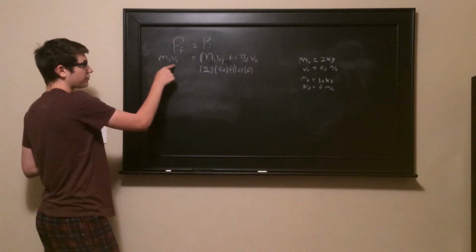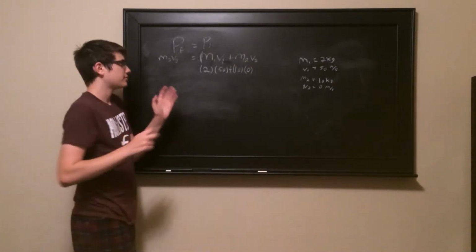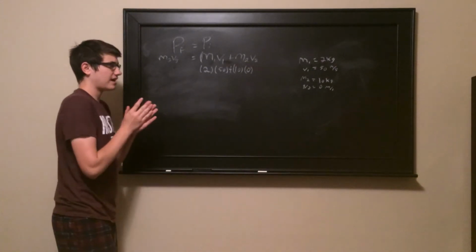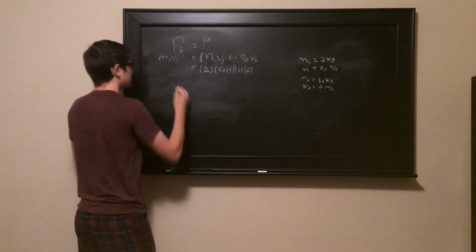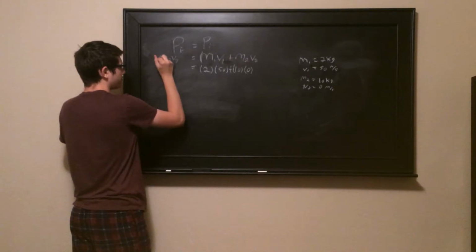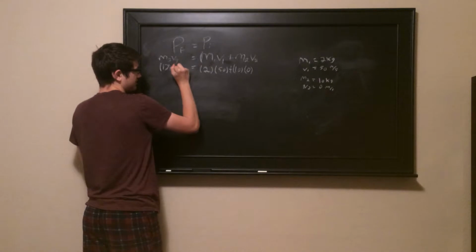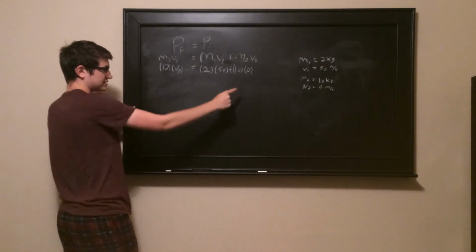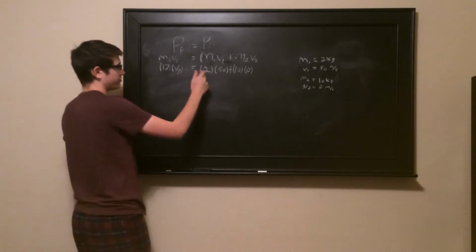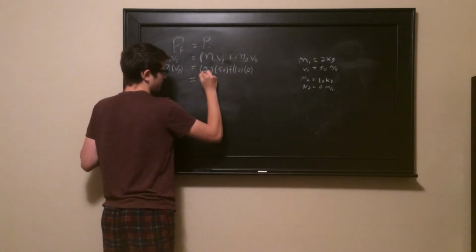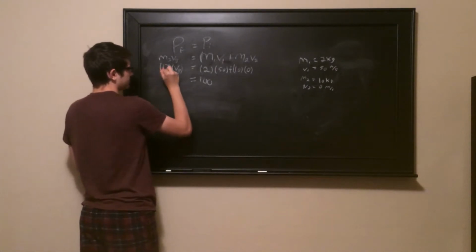So the question is, how do we get the velocity of these objects after the collision? Because they stick, the mass is going to be the total of the two masses. So our mass is going to be 12. And then it's simply solving for variables to get V3. So on this side, we multiply: this one's going to be 0, this one's going to be 100. So we have 100 right here, and then we have 12 times V3.